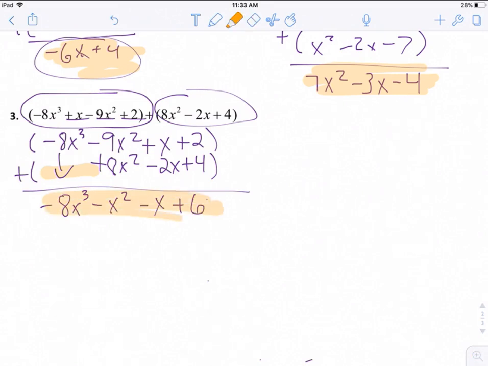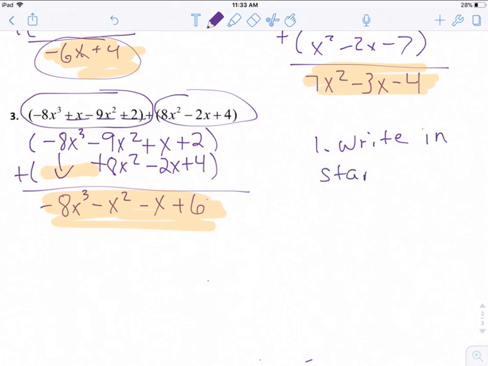And so it gets a little bit confusing the more you add. So your steps, you do have steps. You have step 1. Write in standard form.